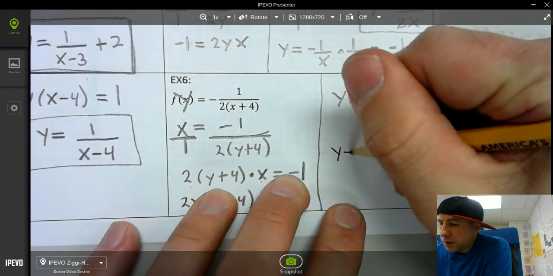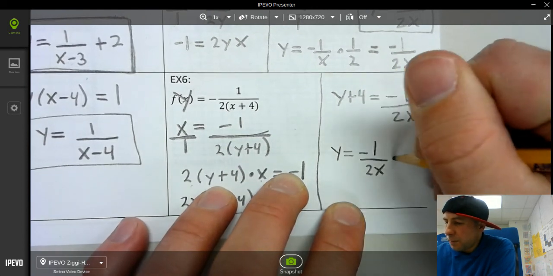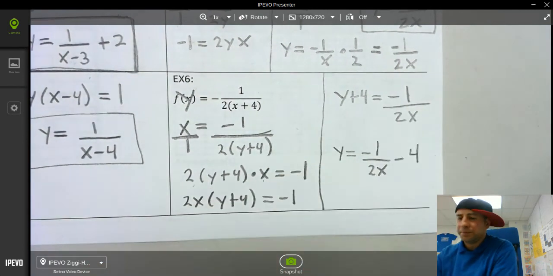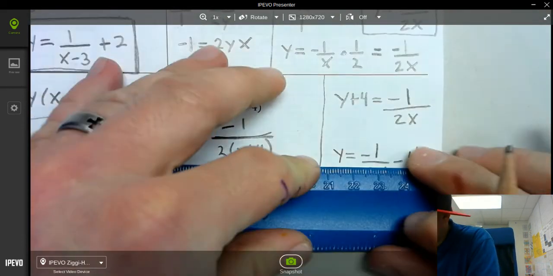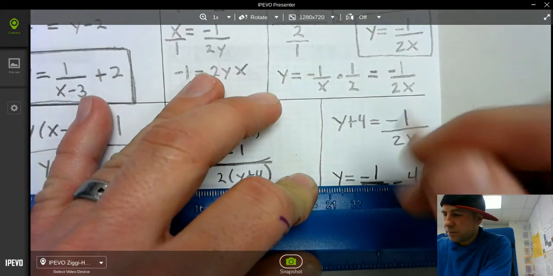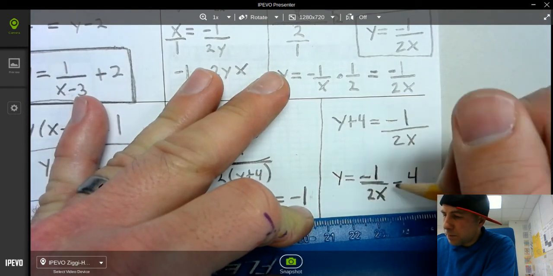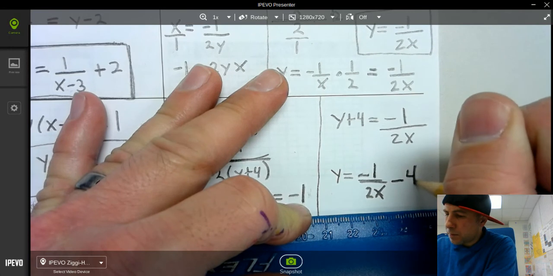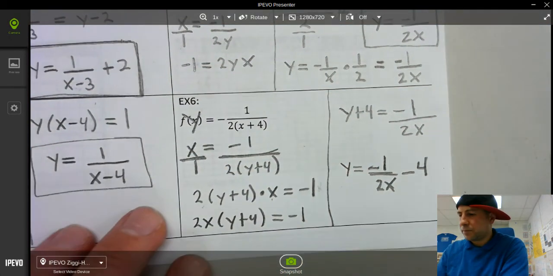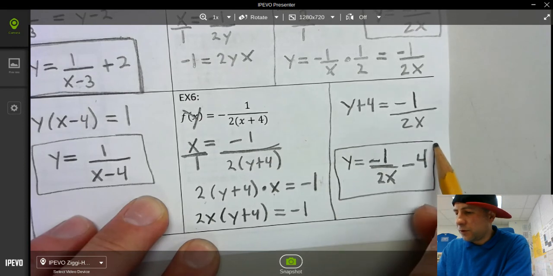So y equals negative 1 divided by 2x, minus 4. All right, so there you go. That gets you through the examples.